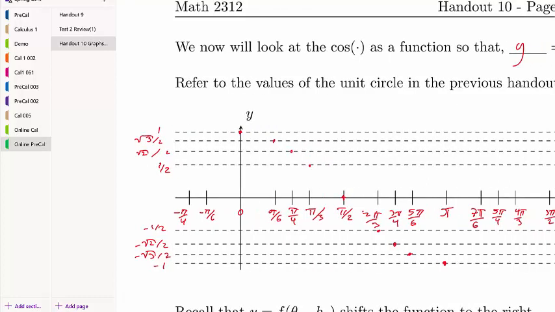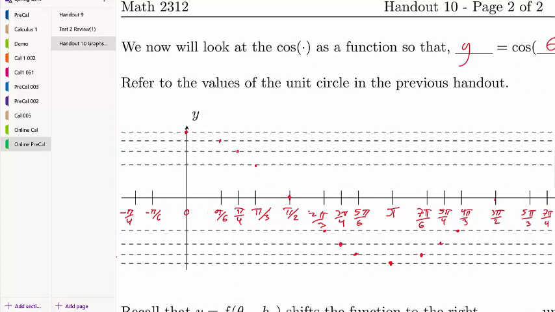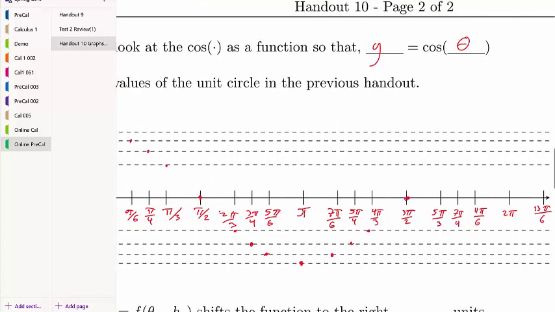And we get to 7 pi over 6, come back up. We note that the pattern is going to begin repeating itself once we get up to 2 pi.